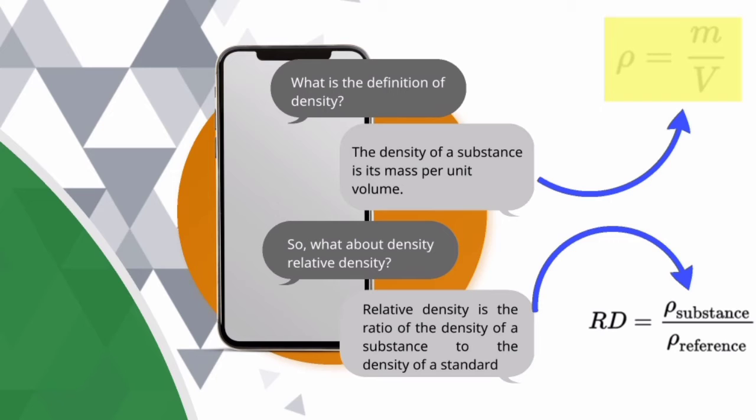Relative density is the ratio of the density of a substance to the density of a standard. So in the formula, relative density is equal to the density of a substance over the density of a reference. Usually we use water as the reference for density.